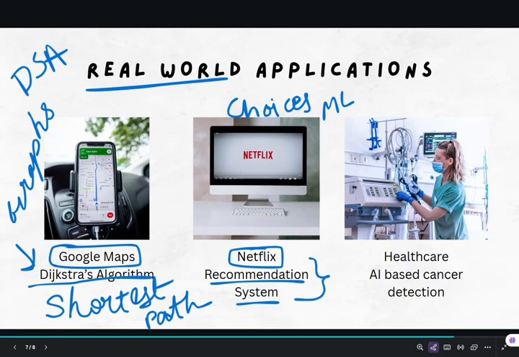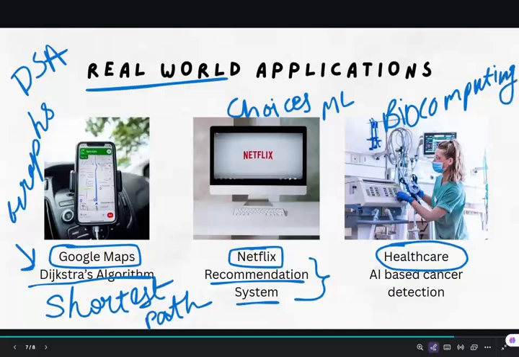So let's continue. What's another very big, very important real world application? And that's healthcare. These days, biocomputing is getting really popular. Okay, so basically we use algorithms which are inspired from biology, and then we use those algorithms, which are in the form of code, and apply them in the real world to solve healthcare related problems.